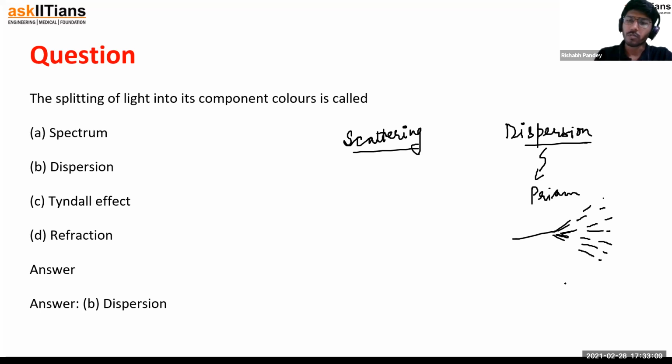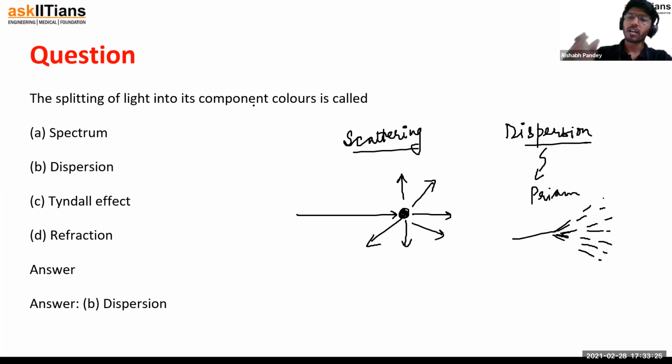This is the phenomenon of dispersion. Whereas scattering is what? A ray of light striking with a molecule and getting deviated into different directions. So the splitting of light into its component color is called dispersion. Don't get confused with this. So dispersion will be the correct answer.